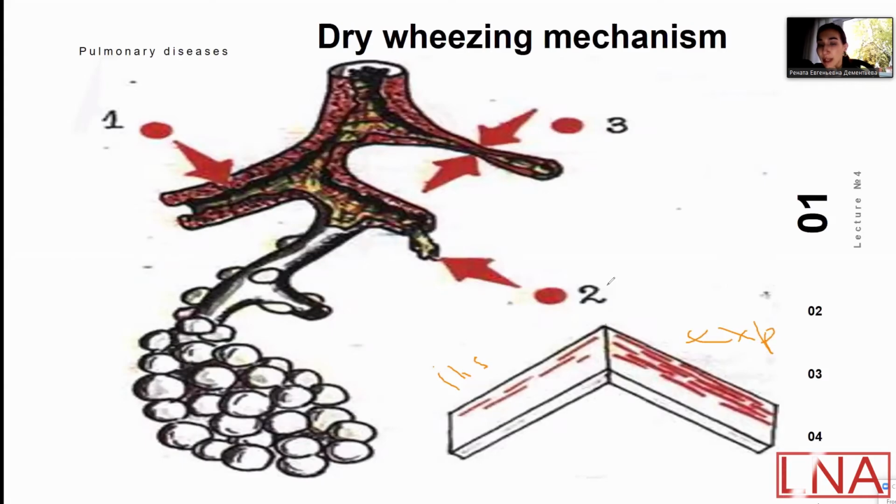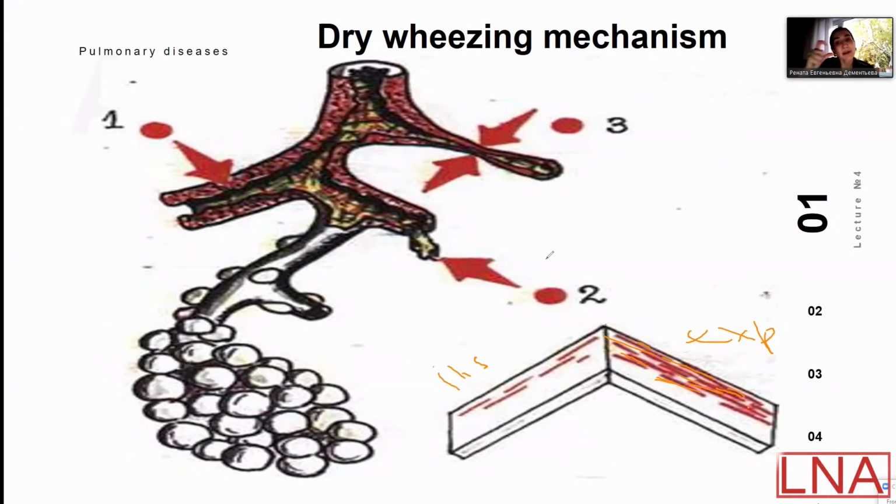Dry wheezing we can detect in both the phase of inspiration and expiration, but look, the red line is more pronounced in the phase of expiration. Why? Because, as we remember, spasm is a physiological reaction in the phase of expiration, helping the organism to push out the volume of air.